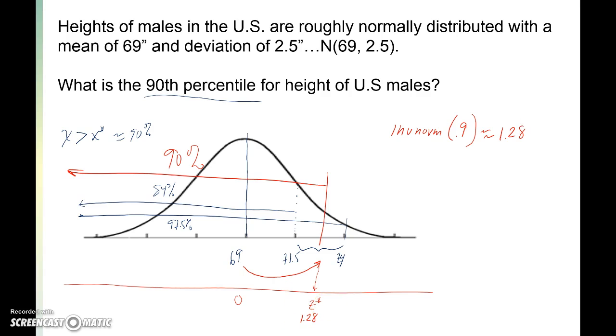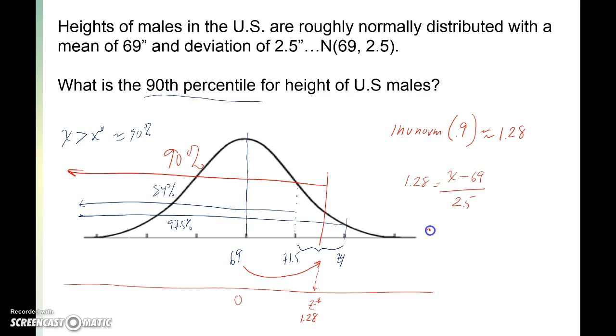Okay, so now what I'm going to do is use that 1.28. I know that there is some value that is that distance away from my mean in terms of standard deviations.